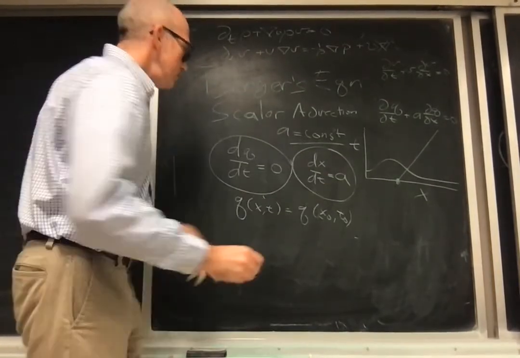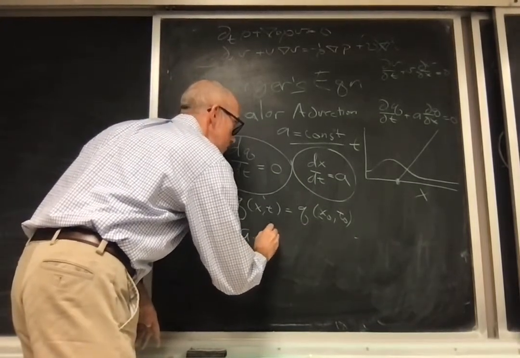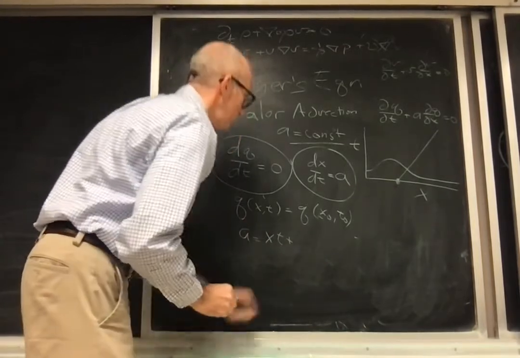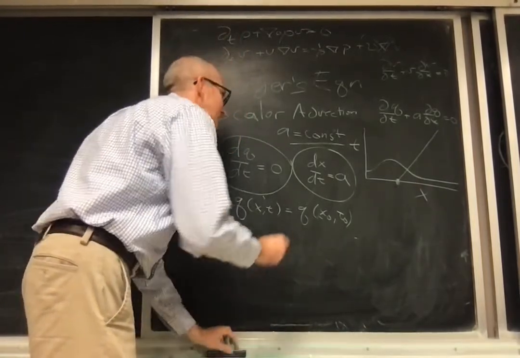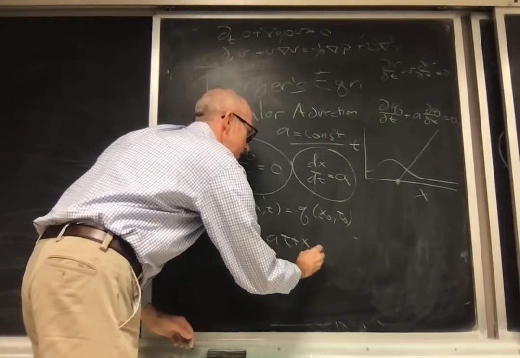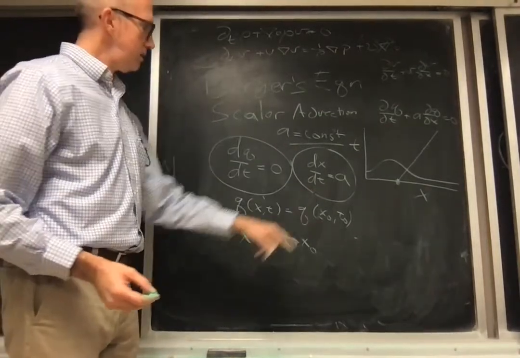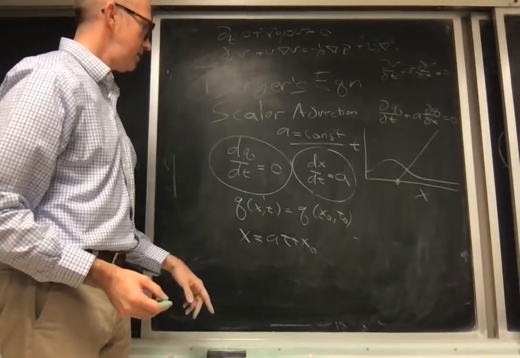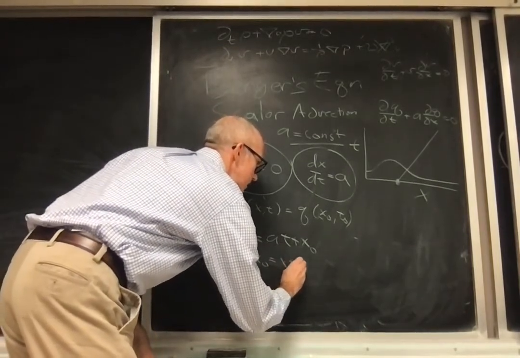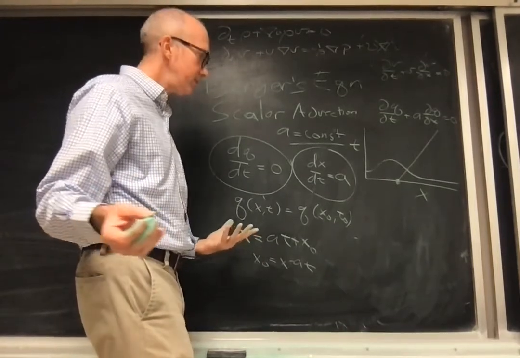So if my initial condition looks like this, let's solve this equation real fast. This equation says x equals a times t plus x naught. That's this one here. That's easy. So I can just rewrite this: x naught equals x minus at, which is a line.